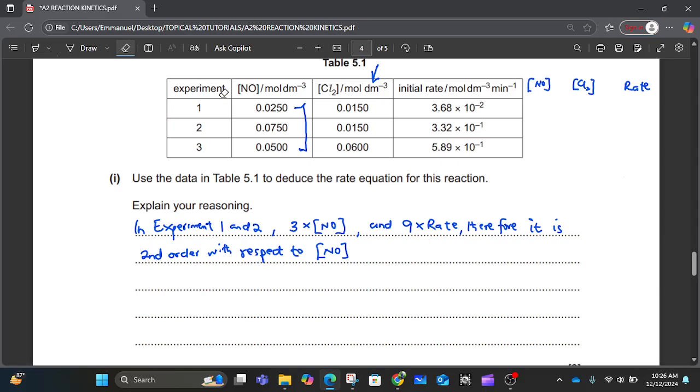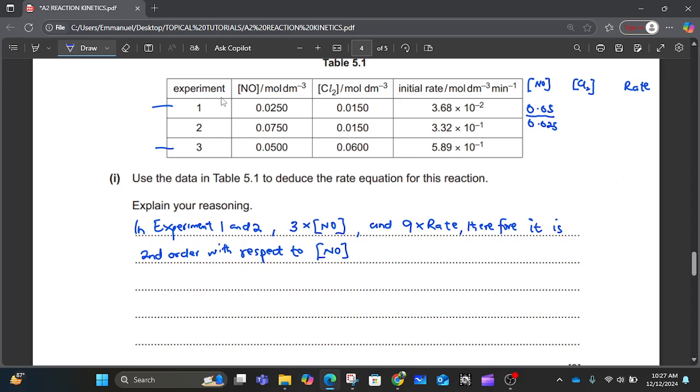So I'm going to use experiment 1 and experiment 3. We are going to divide the values in experiment 3 with experiment 1 as the values in experiment 3 are bigger than those in experiment 1. So for the concentration of NO, that will be 0.05 divided by 0.025.